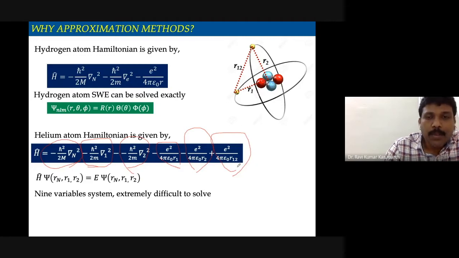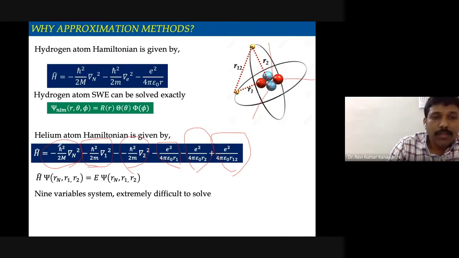So how many coordinates do we have? Even if you simplify this problem by placing the origin, I mean the coordinate system, at the nucleus, then even if the nucleus is moving, that motion is taken to be negligible because the coordinate axis is kept there itself.